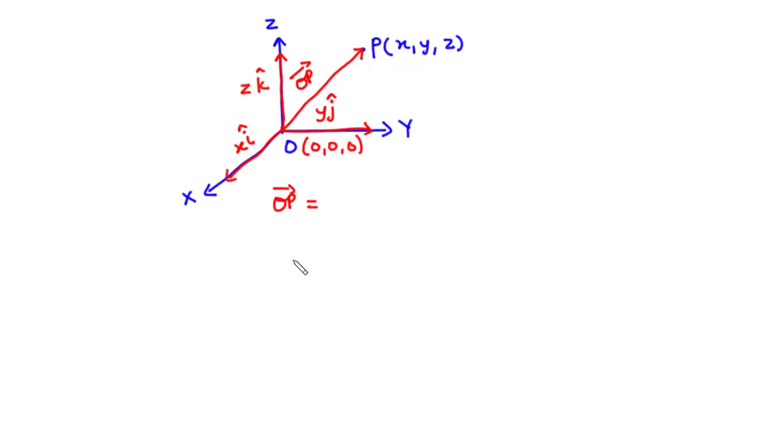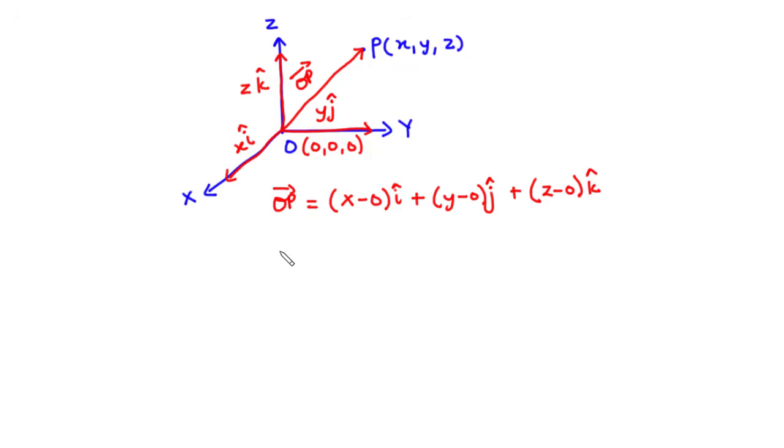Therefore, the vector OP is given by, we have x minus 0 I cap plus y minus 0 j cap plus z minus 0 k cap.